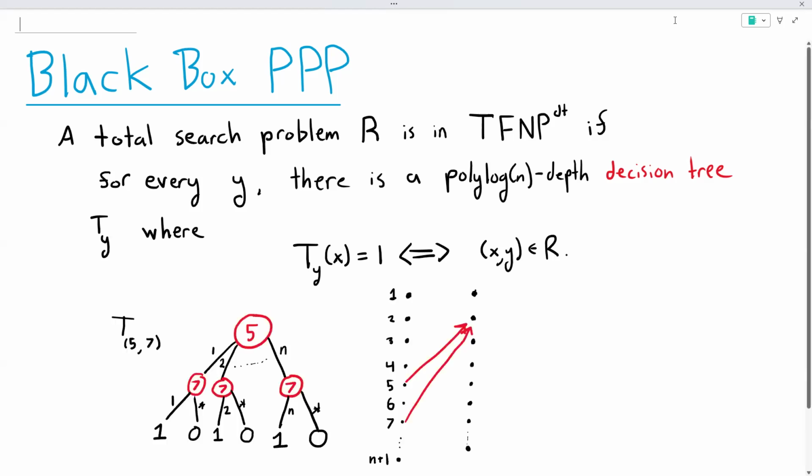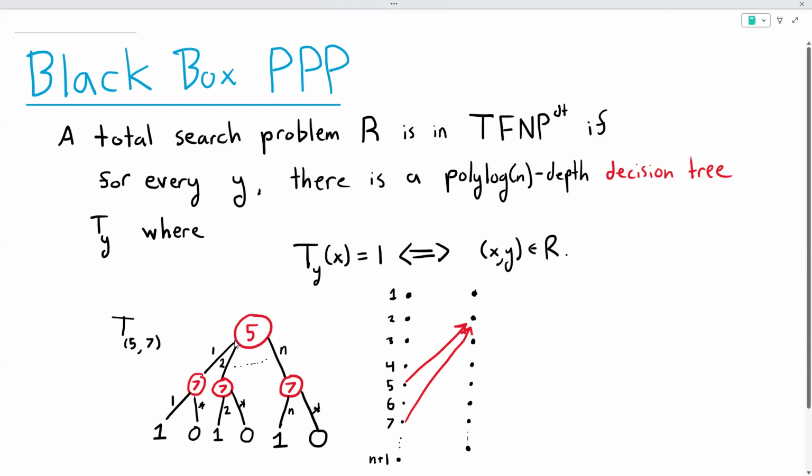Okay, so let's verify that black box pigeon is in TFNP^dt. So here is an example of a verification decision tree for if pigeons 5 and 7 collide. Let's walk down a few paths of this decision tree. First, we'll query pigeon 5 and see where it goes.